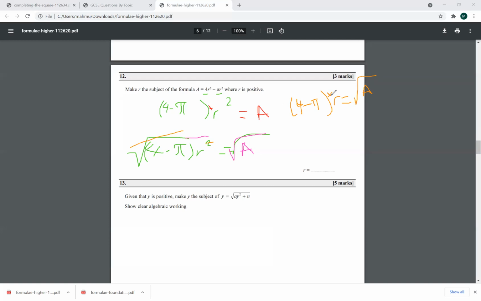Divide it by R. Okay, then show me, explain to me, write it down. But why are you dividing by R? Because if you divide it by the R, then the R cancels out the R.